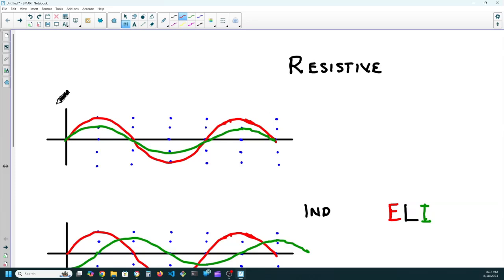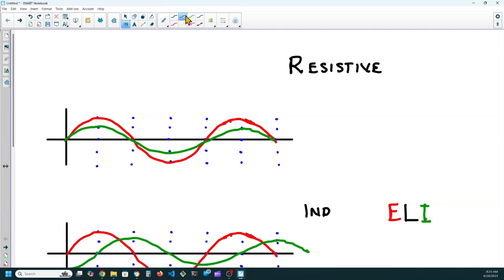It's a capacitor. And there's an inductance because there's an expanding and collapsing magnetic field around those wires affecting the other wire next to it. So that extension cord has resistance, inductance, and capacitance. So when we talk about a purely resistive or purely inductive or purely capacitive circuit, we're talking about theory.